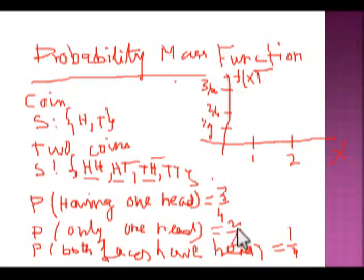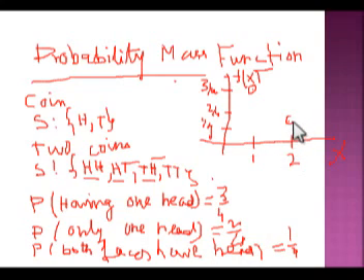Then for having one head, this will be 3 by 4, so here I will get a point. And for both the faces having head, we will get 1 by 4. There will be a point.